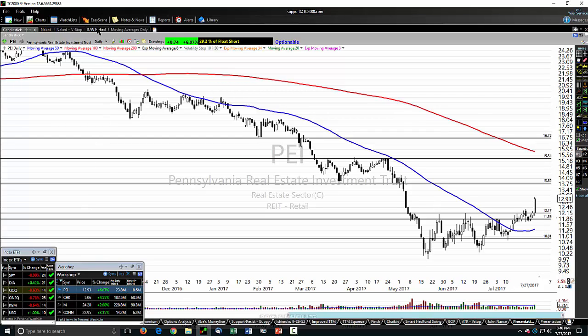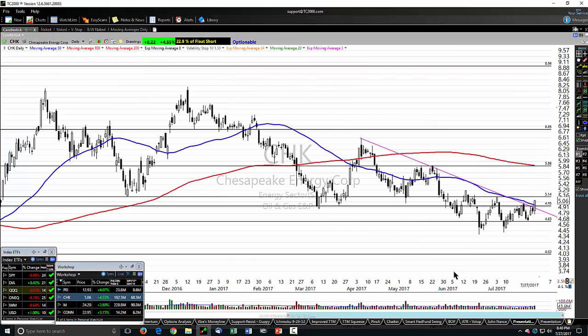I have scans set up for different criteria, but the ones I typically trade are rounded bottom breakouts and J hooks or PBOs, which is the same thing before it breaks out. I'm looking for the first pullback after we break up through the 50. And you can see that's the case in most of these.